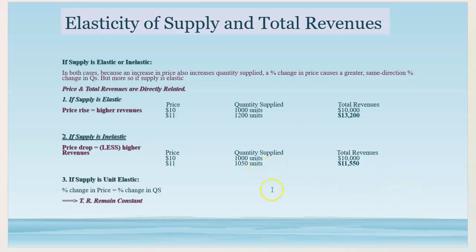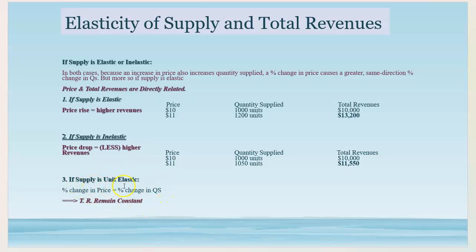And consequently, because this 10% is more than the 5%, this is definitely inelastic. The total revenues still go up, but they go up by less. So I have it in here as less higher revenues. It's kind of a little bit of an oxymoron, but you know what I mean. The rate of increase is different.